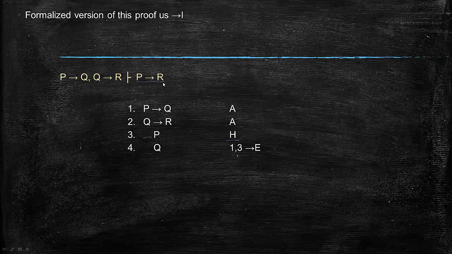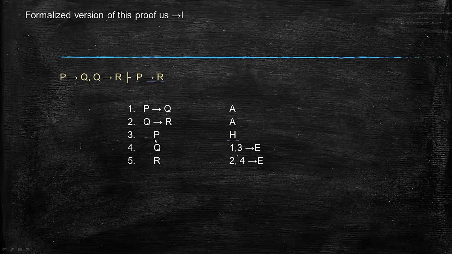We get Q by 1,3 conditional elimination, and then R by 2,4 conditional elimination. And so now we have hypothesized P and we've gotten R. So effectively, we have shown that if P, then R, right?